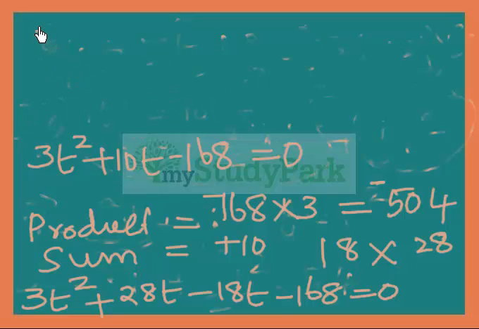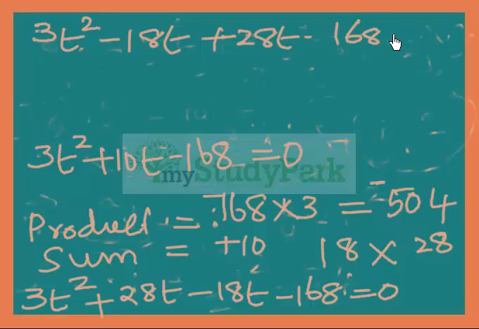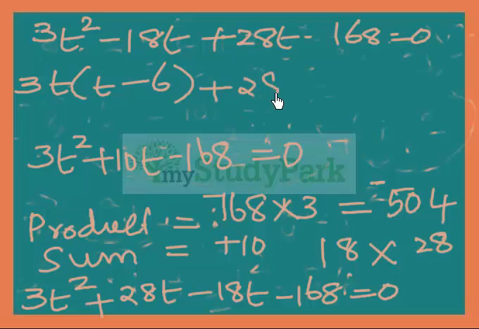So what I can do is 3t square minus 18t, because I know 3 and 18 have common factor, plus 28t minus 168 equal to 0. So beauty of this solution, or the way in which you do this problem, is if you take one common factor, the other common factor is almost coming out of judgment, t minus 6, plus you have to take 28 out, and automatically t minus 6 has to come here, equal to 0.